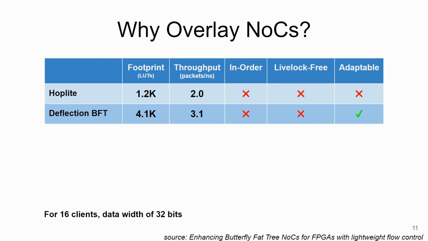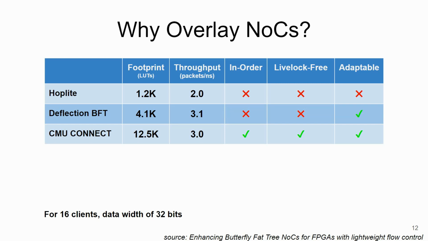These designs achieve low footprints, relatively high throughputs, but lack important features. On the other end of the spectrum, we have CMU Connect, which has complex buffered switches. It achieves a high throughput and a rich set of features at the expense of having a large footprint.